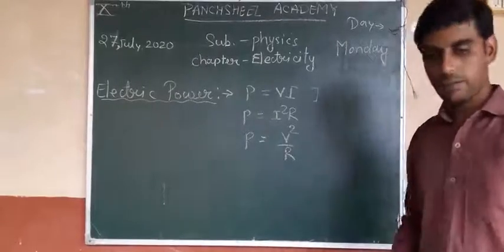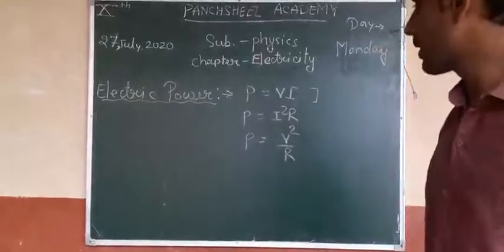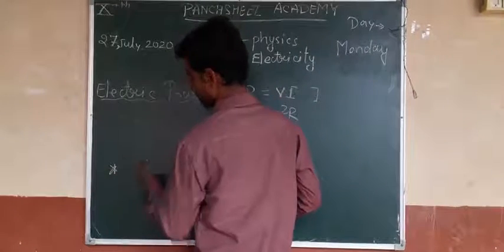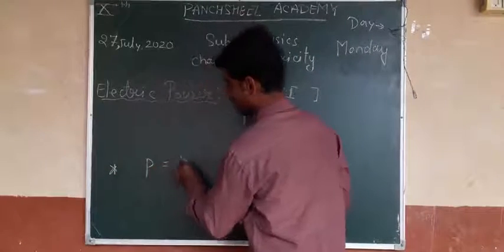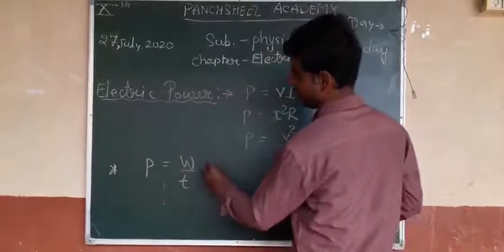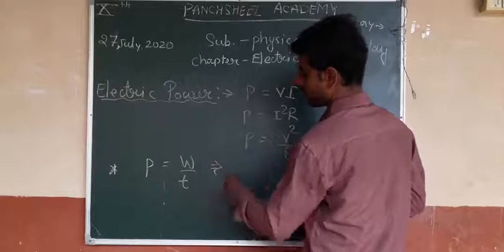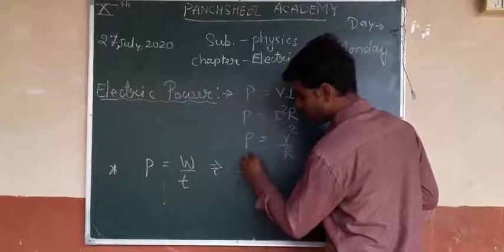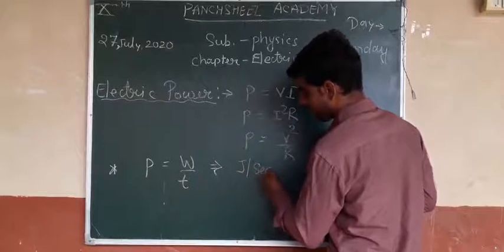Okay, what is the SI unit of electric power? P equal to what? W upon T, and W is the work done. So work done is measured in joule, upon second.